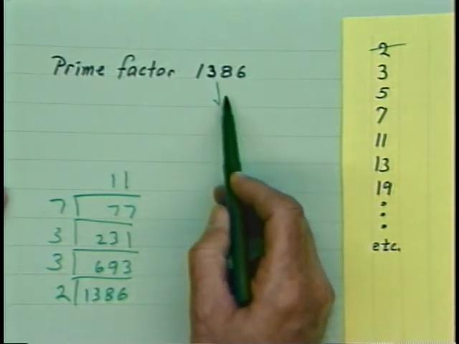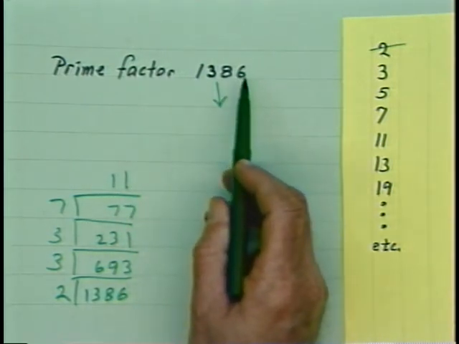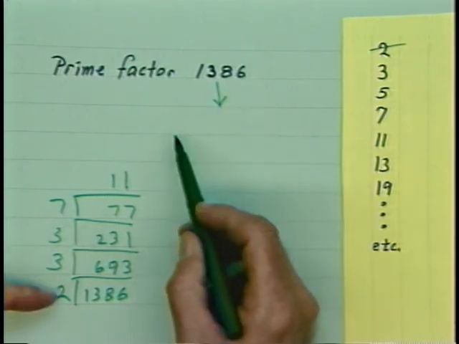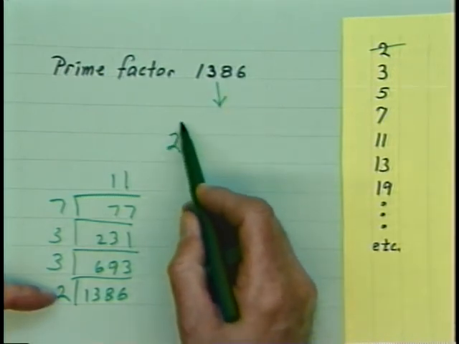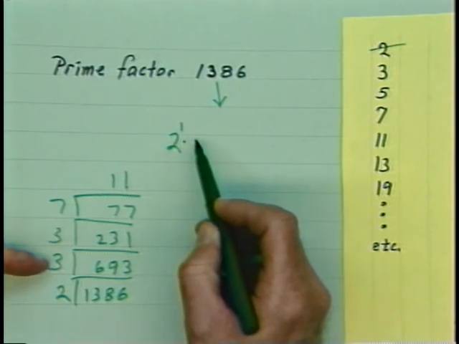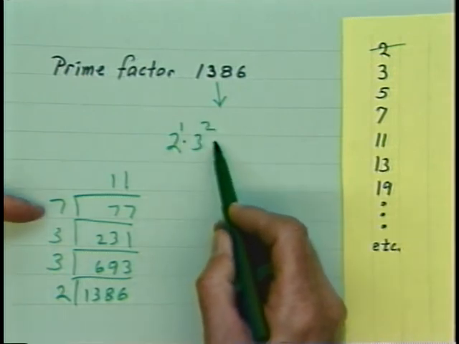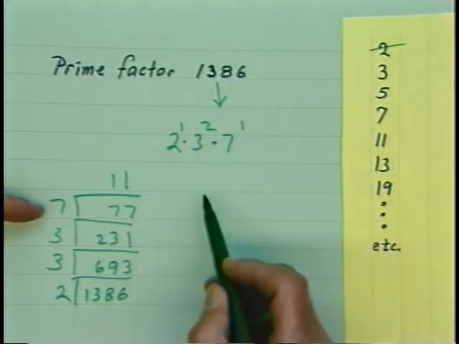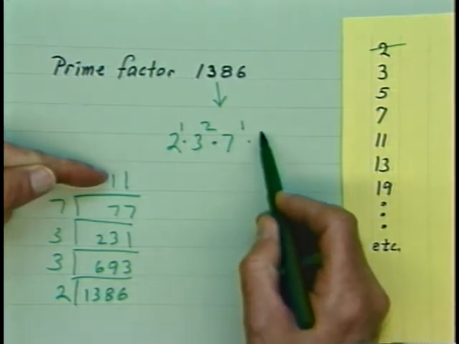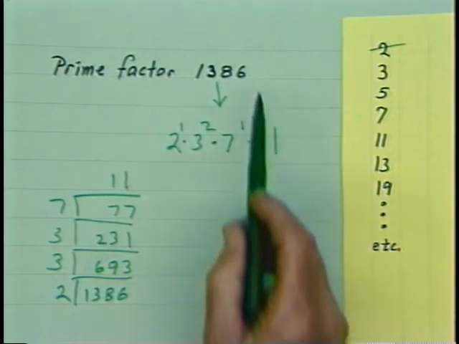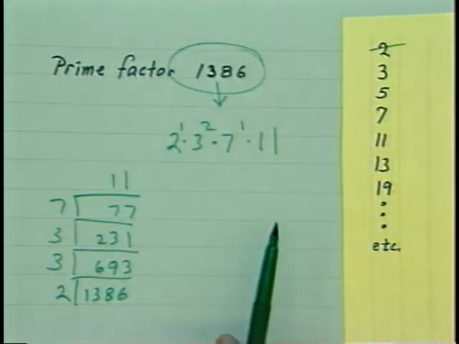So 1,386 prime factors into the number 2 to the first power times 3 to the second power, or 3 squared, times 7 to the first power times 11. So we now have this prime factored.